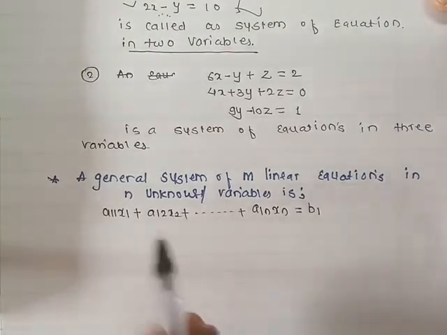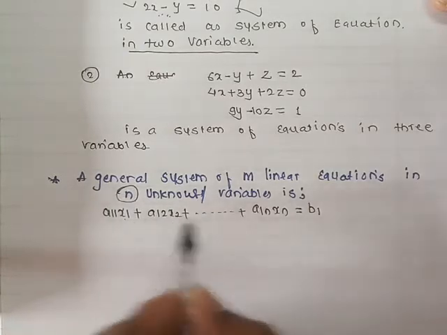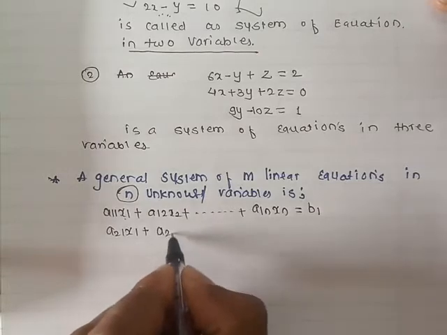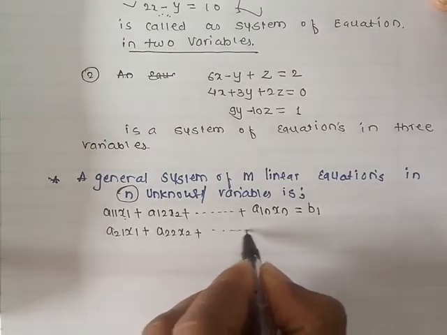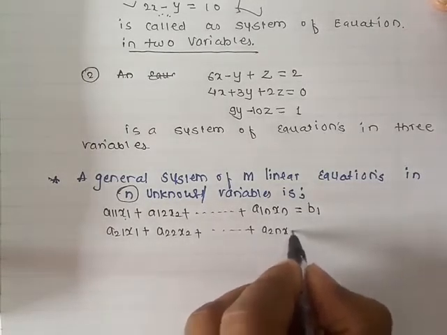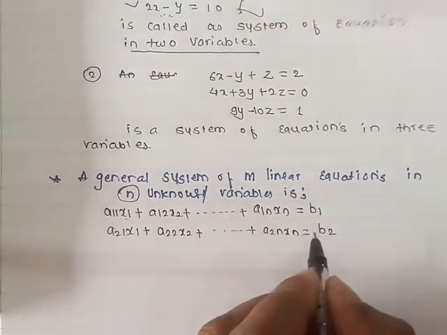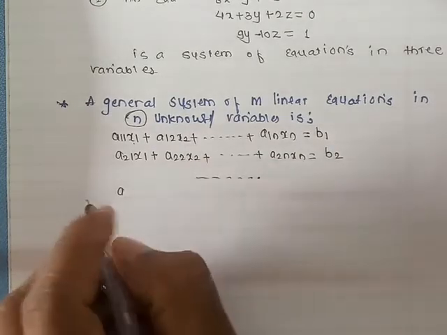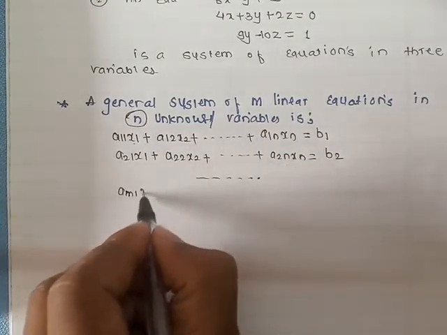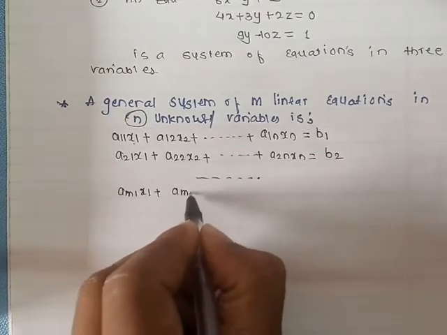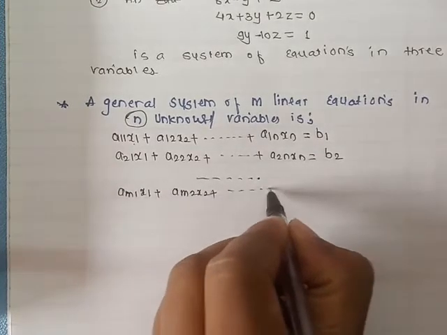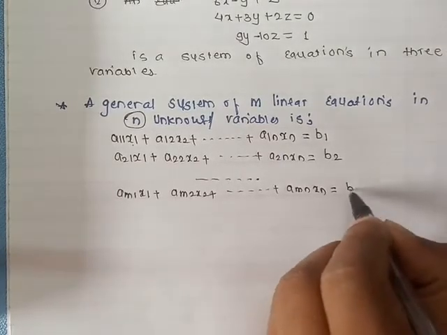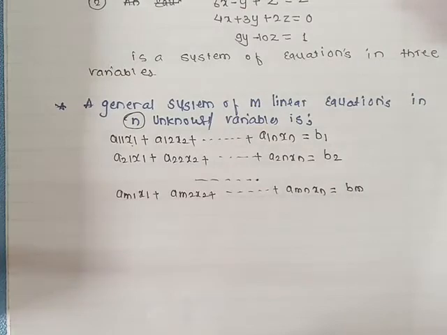How many unknowns are there? n unknowns, x1, x2 and similarly a21x1 plus a22x2 plus a2n xn is equal to b2 and so on. We have how many equations? am1 x1 plus am2 x2 plus up to so on amn xn is equal to bm.